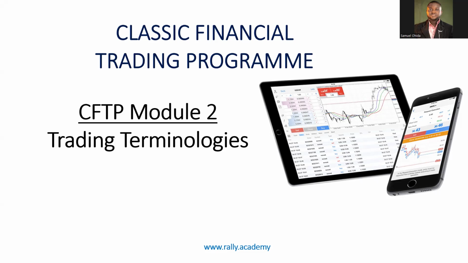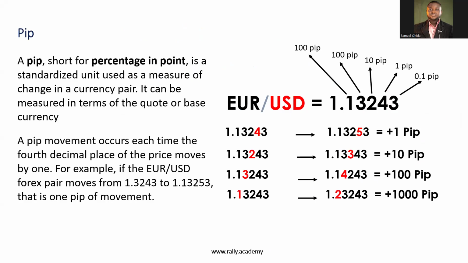Trading also has its own register. We have different aspects of trading that mean different things, and if you understand what they mean, it makes it very easy for you to grasp the idea of trading and advanced trading, which we want to talk about.